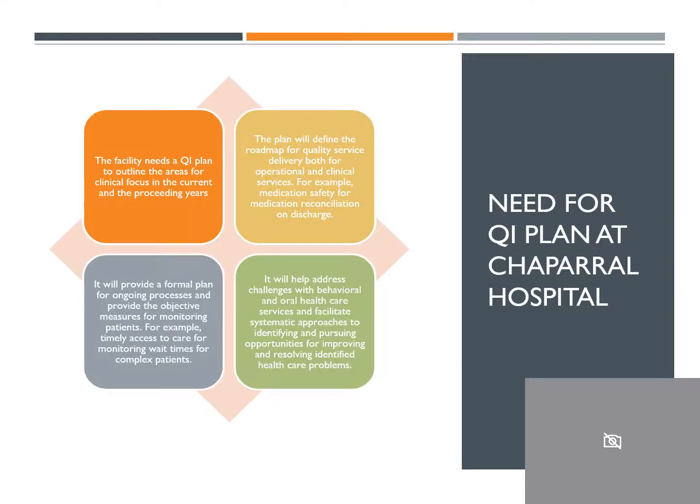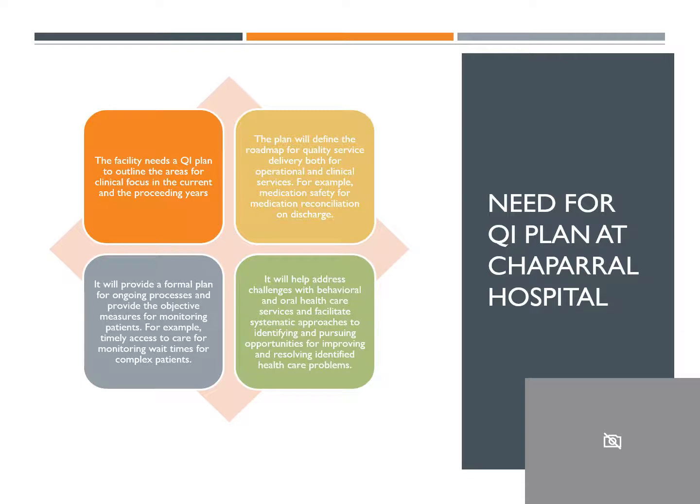Although Chaparral Regional Hospital is a small hospital of approximately 60 beds, it's important that our facility utilizes a QI plan. The facility needs a QI plan to outline the areas for clinical focus in the current and preceding years. The plan will define the roadmap for quality service delivery both for operational and clinical services. For example, medication safety for medication reconciliation on discharge.